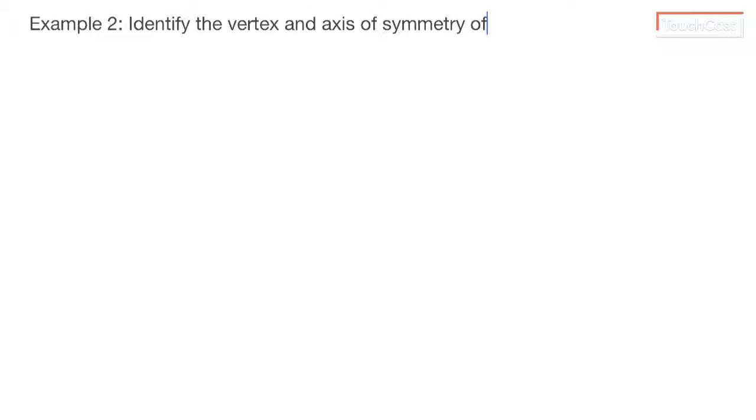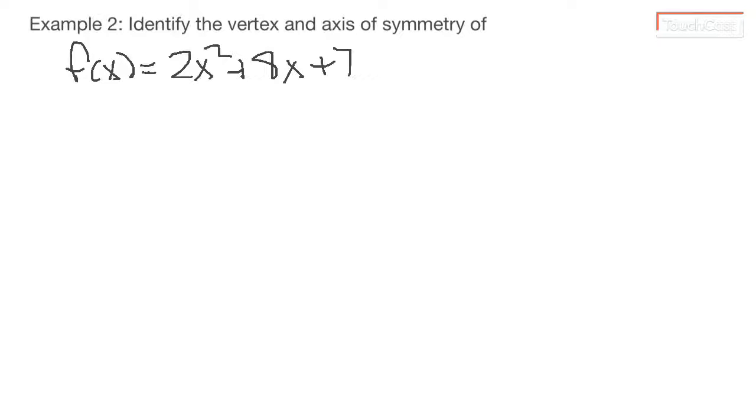Here in example 2, we have to identify the vertex and axis of symmetry of the function f of x equals 2x squared plus 8x plus 7.